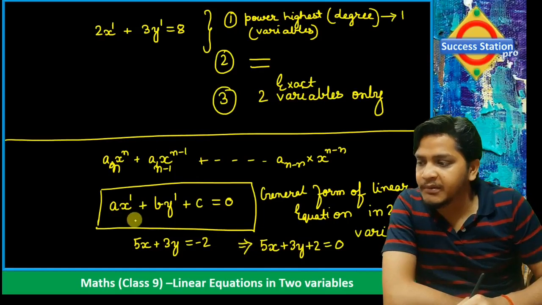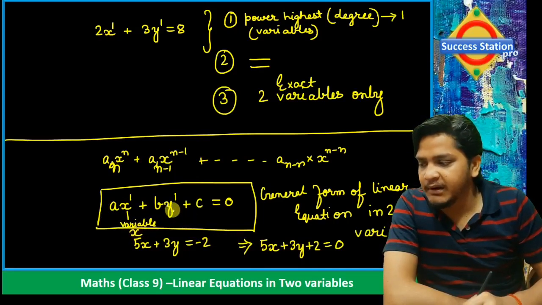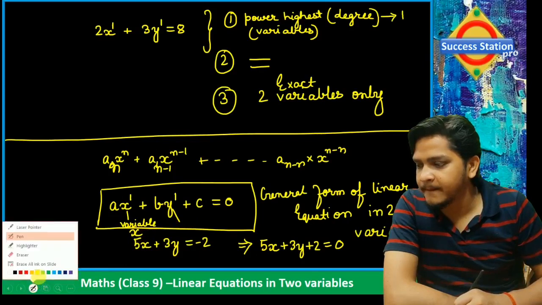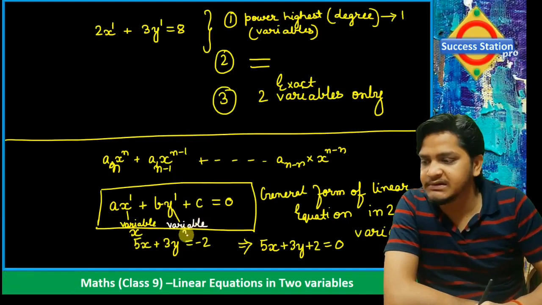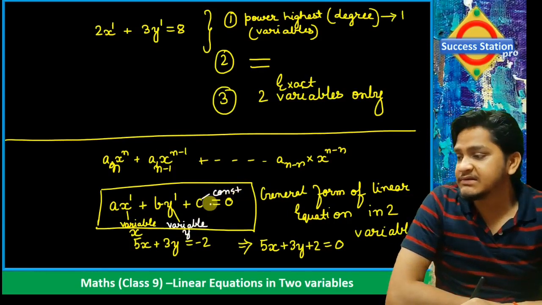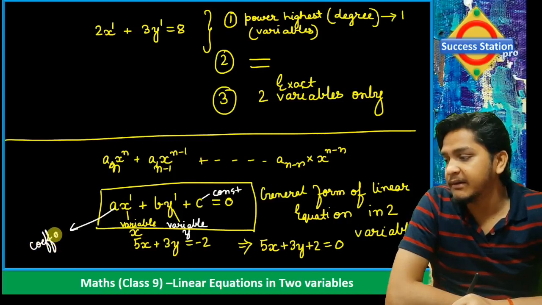If you remember the terms, this is the variable x, this is the variable y, this is the constant term. The number which is multiplied with the variable is called the coefficient of x.